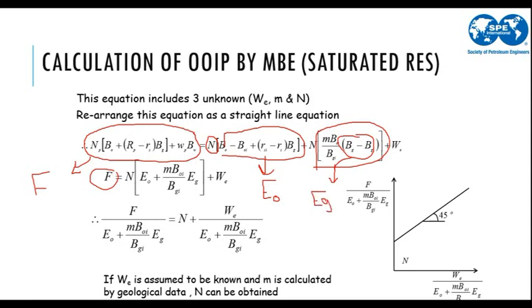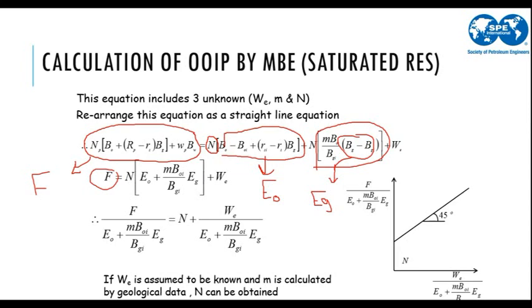EG is the expansion of gas. So we took N as a common factor, and EO, the expansion of oil, equals Beta o minus Beta oi plus (Rsi minus Rs) Beta g, plus all of these terms, m Beta oi over Beta gi, multiplied by EG, the expansion of gas, which equals Beta g minus Beta gi, plus the water influx that we have.